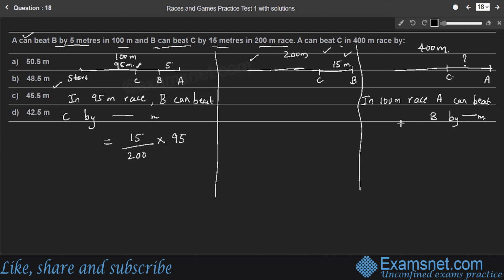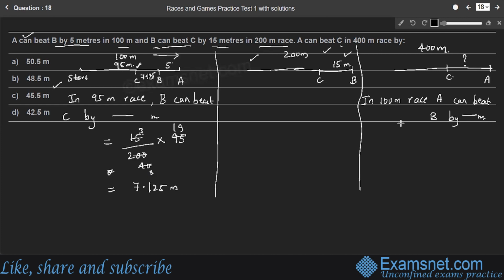So simplify it: 15 into 95 by 200. 5 into 3, 5 into 40, and 5 into 8, 5 into 19. So we have 19 into 3 by 8, which is 7.125. This is the distance between B and C. So B can beat C by 7.125 meters.